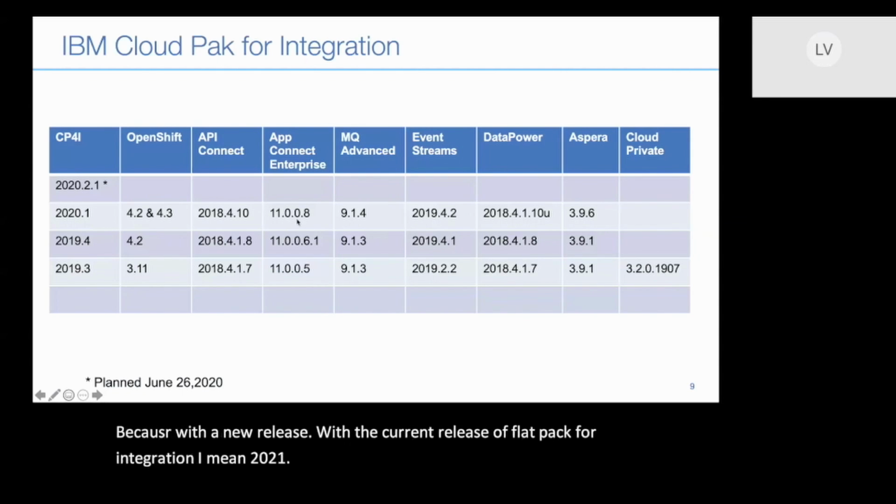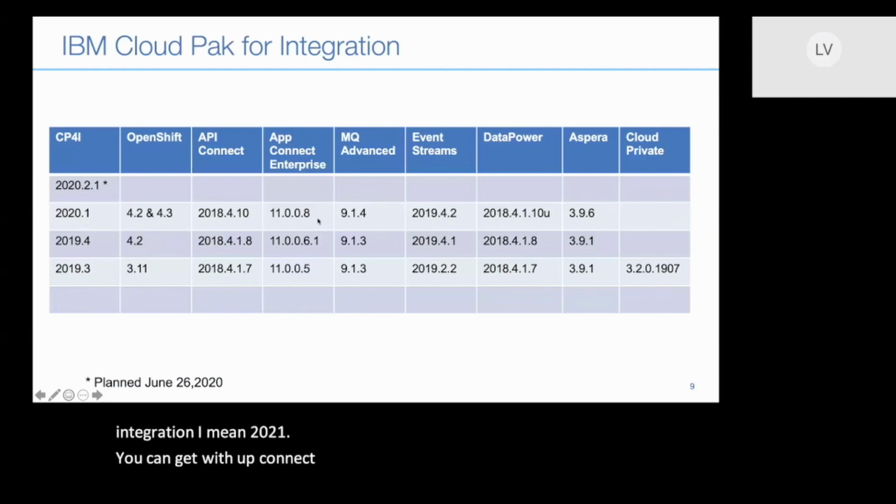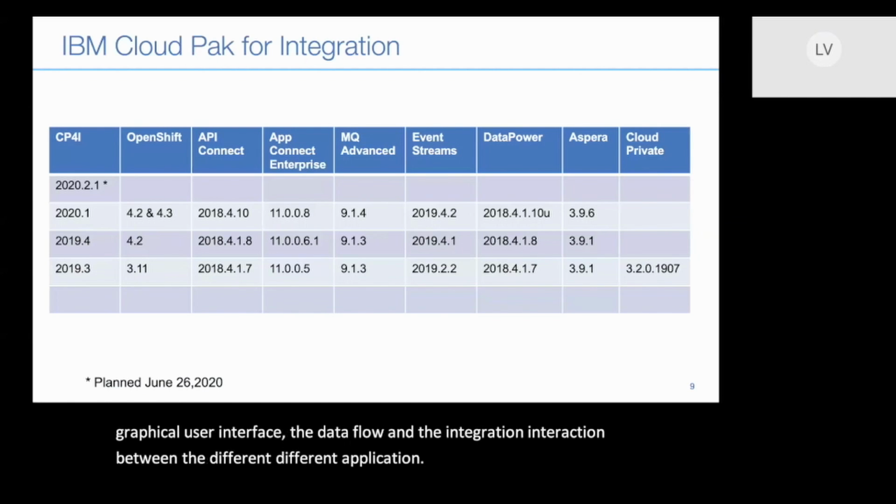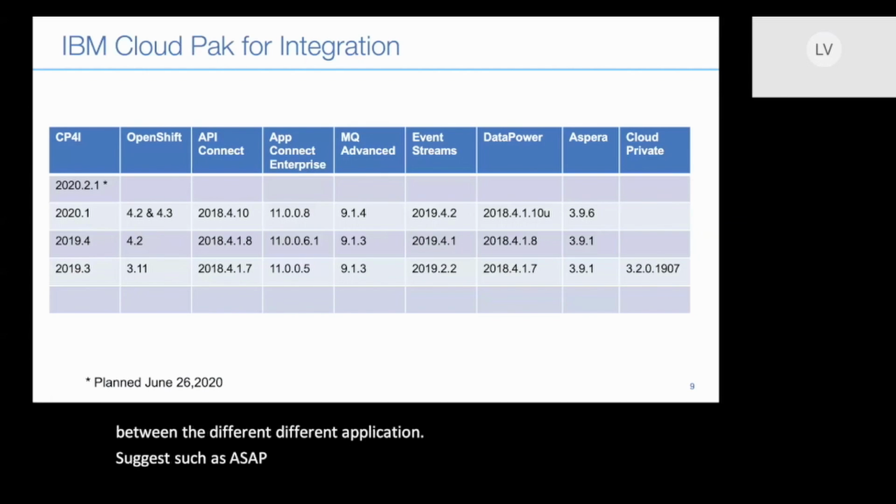I remind you, the Designer is the way to design, by using a graphical user interface, the data flow and the interaction between the different applications, such as SAP, Salesforce, and so on. You don't have access to this Designer with the previous version of App Connect. That's the biggest difference here. For the rest of the components, it's more or less the same thing.